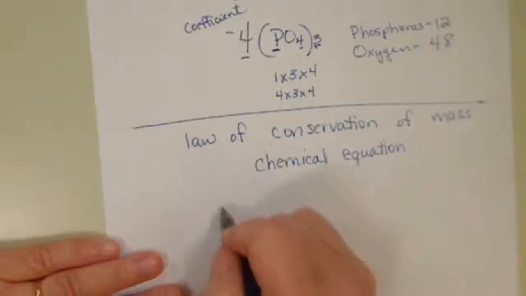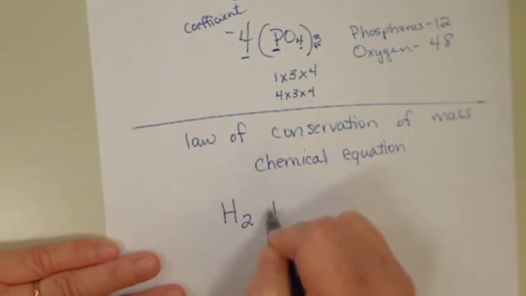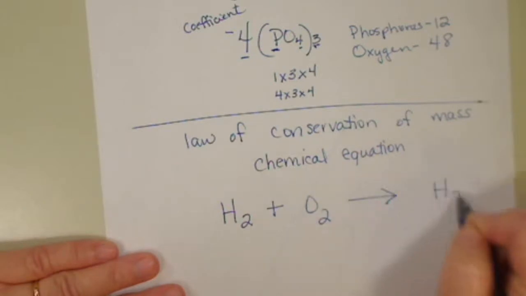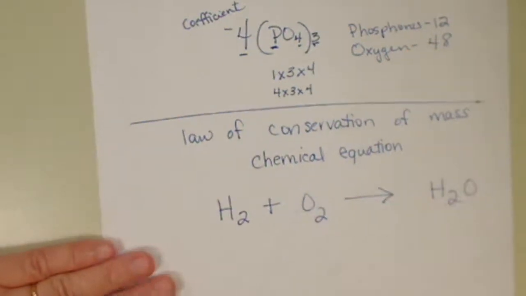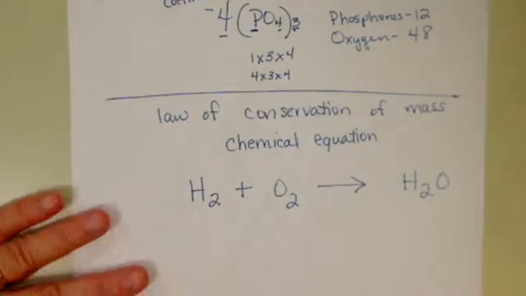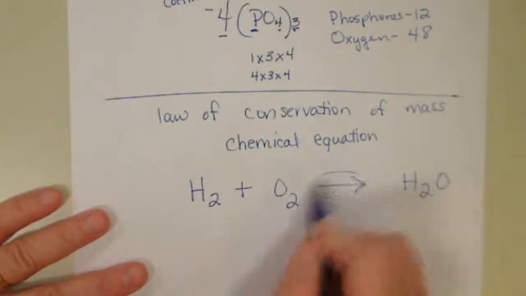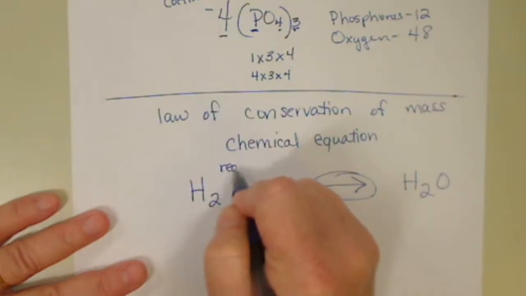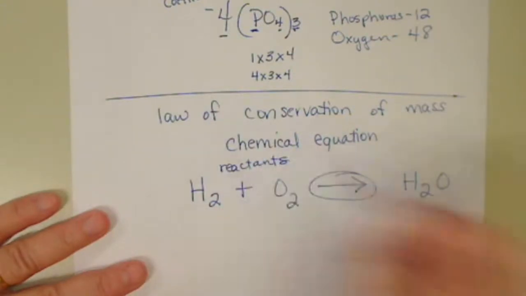So if we were to have some hydrogen gas and some oxygen gas and they produce water, you're going to start off by noticing that your arrow is your division between your reactants and your products. Your reactants come before the arrow in the equation.